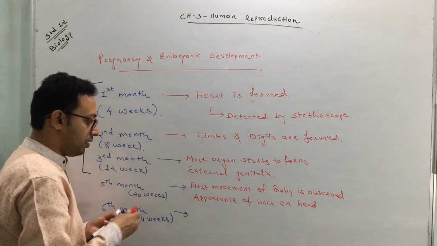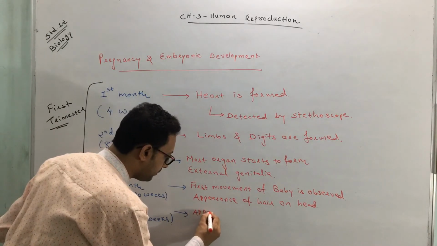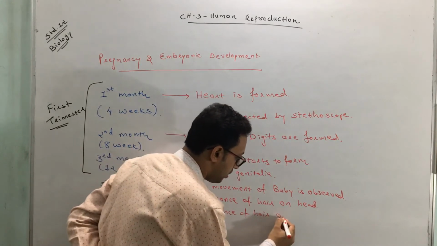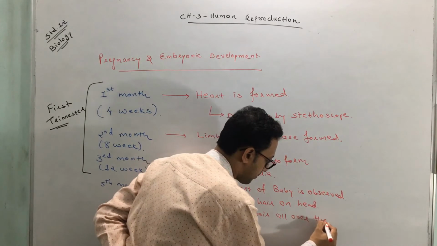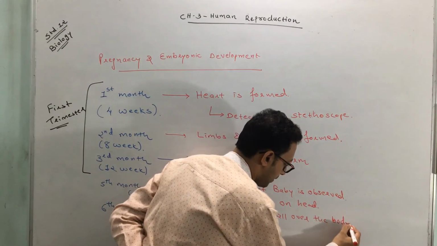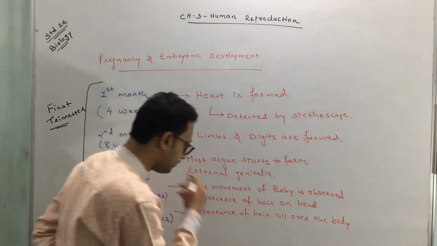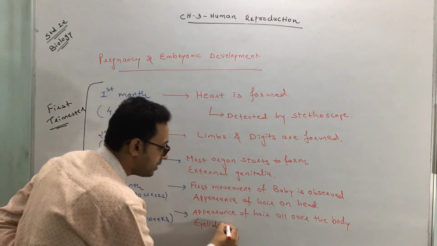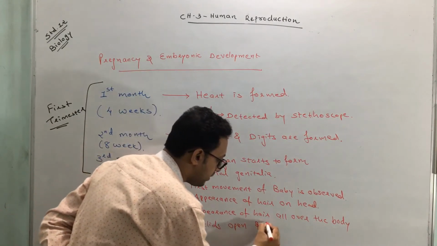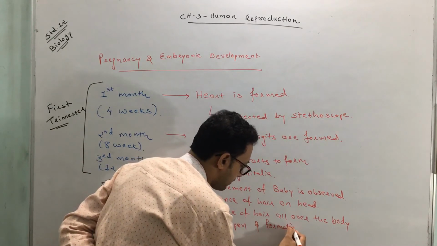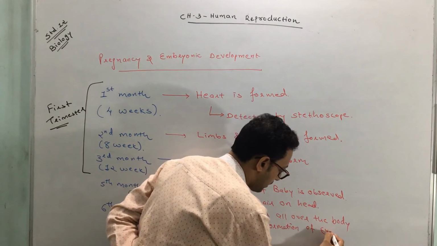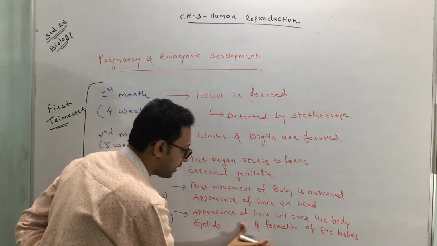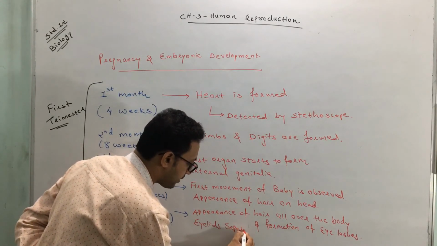Here there is an appearance of hair all over the body, and the eyelids open and eyelashes form. Or more specifically, instead of open, the eyelids become separate.